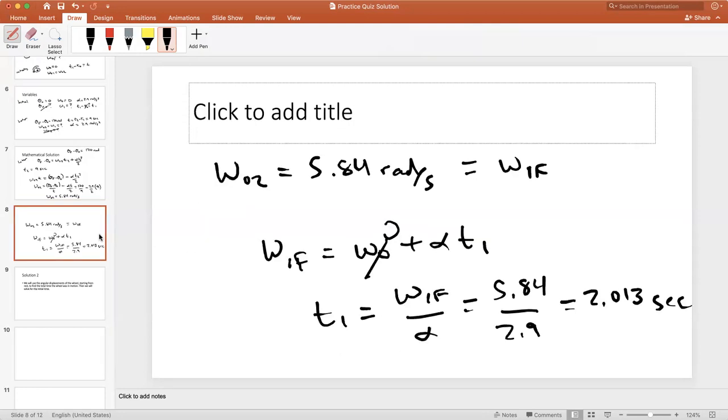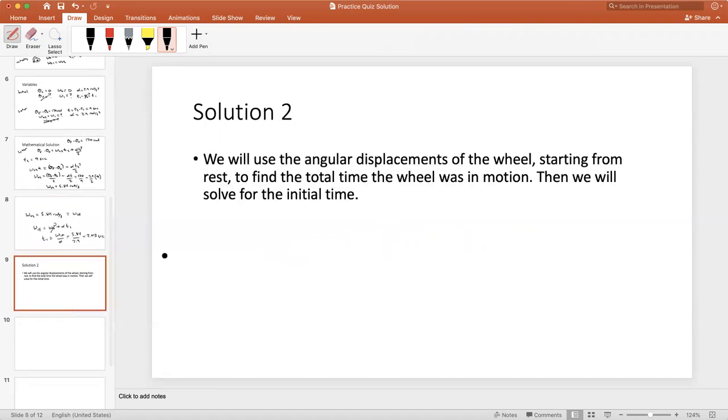And then for the initial interval, to figure out how long it took to get from rest, from an angular velocity of 0 to an angular velocity of 5.84 radians per second, we use this equation and solve for t. Pretty simple, not much to say about it. We use two equations. Our second solution is going to be a little bit more sophisticated, but you may find that it makes more sense.